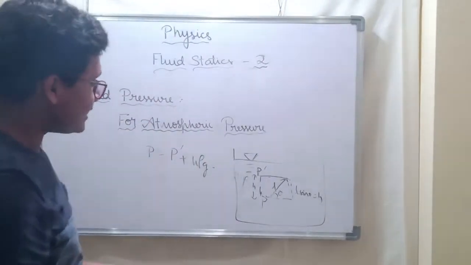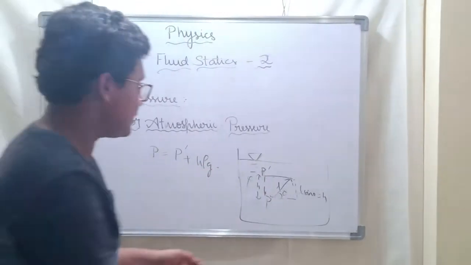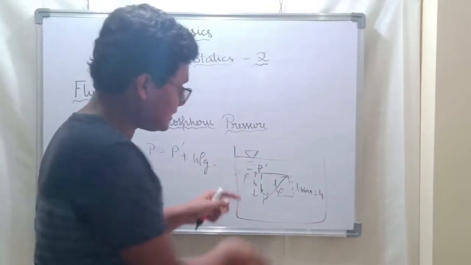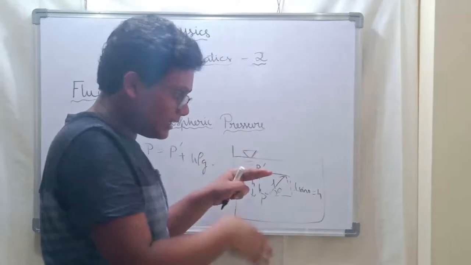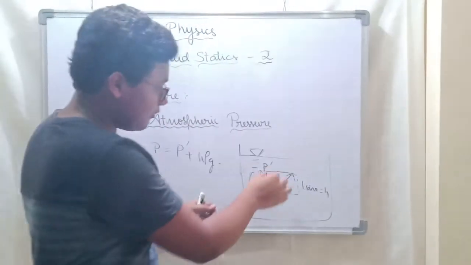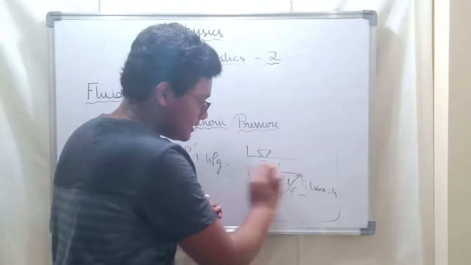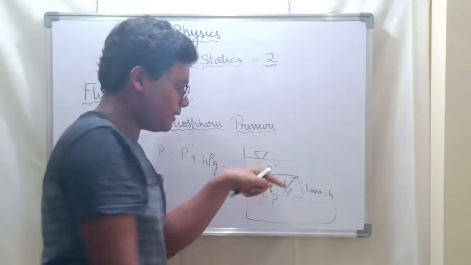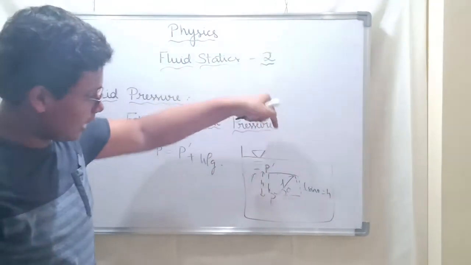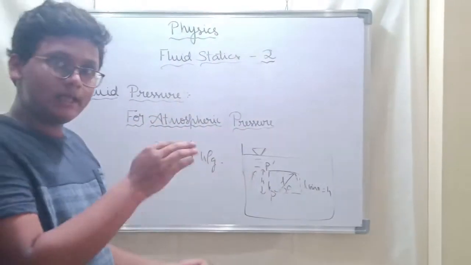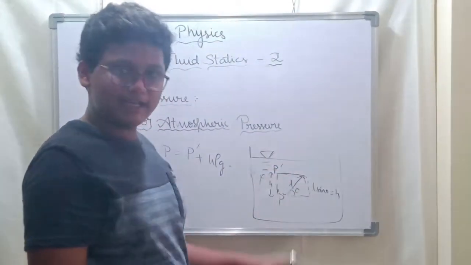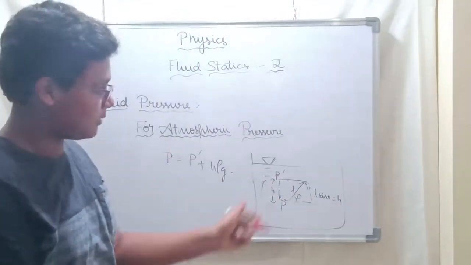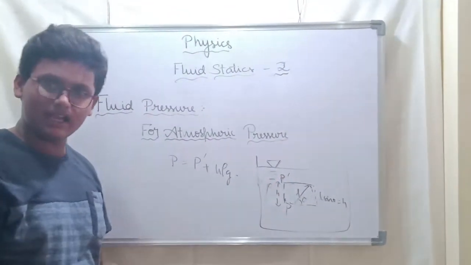It means that a pressure is acting from upward, from the air, plus the height of the remaining part in the liquid. If we take this as atmospheric pressure and this is out of the liquid, then P_atm is the pressure acting at that point, and P_atm plus h rho g is the pressure below.